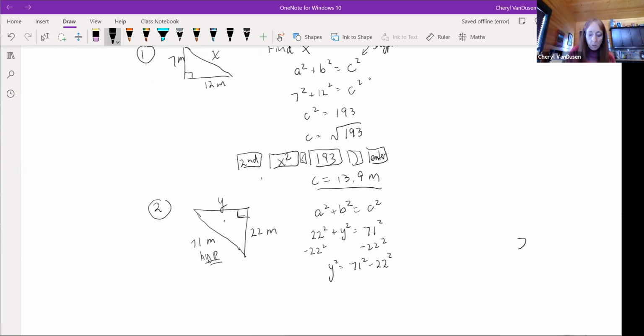So 71 squared minus 22 squared, you're going to get a fairly large number, 4557, and then use the same buttons as I just outlined. And there are some shortcuts. I'm not going to worry about that today, just because we only have a certain amount of time to get through things. So we get y is equal to 67.5, and it's meters. And I'm not telling you how to round. Do watch and see if they tell you how to round. Be careful about the rounding.